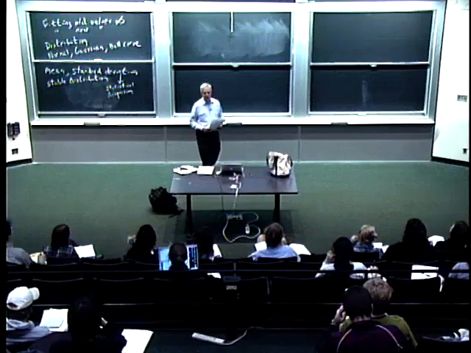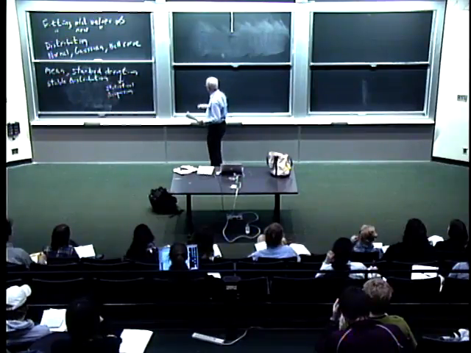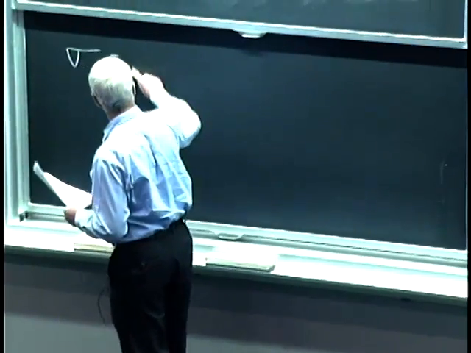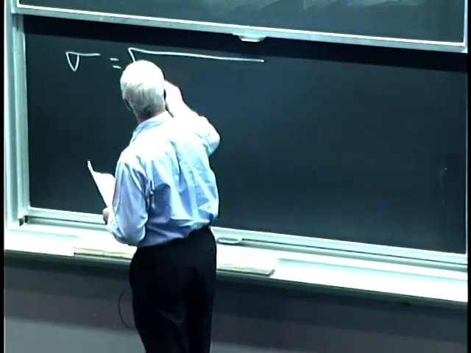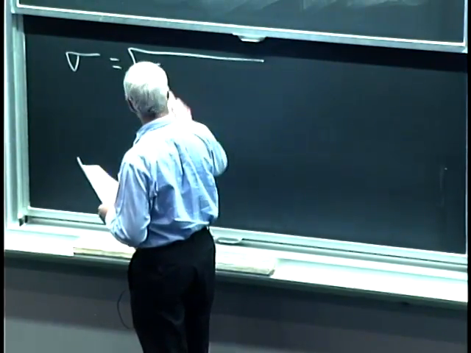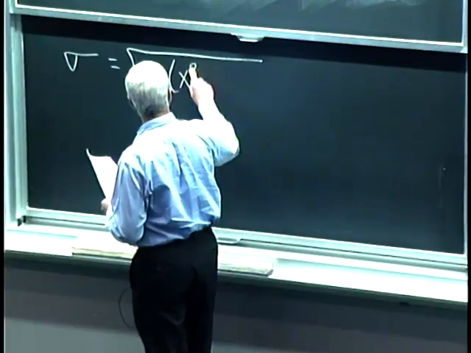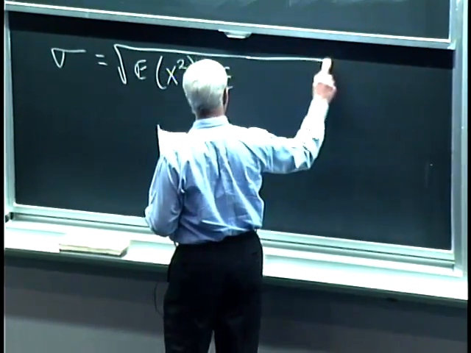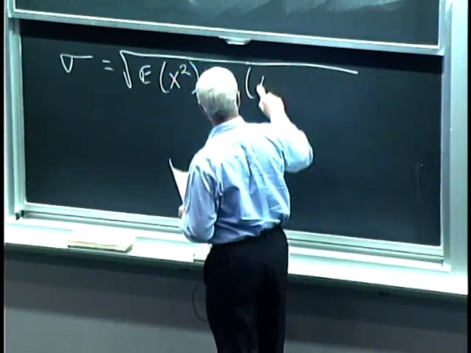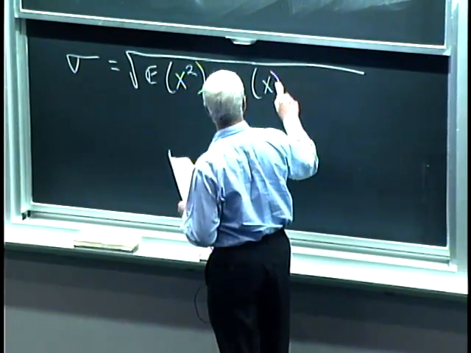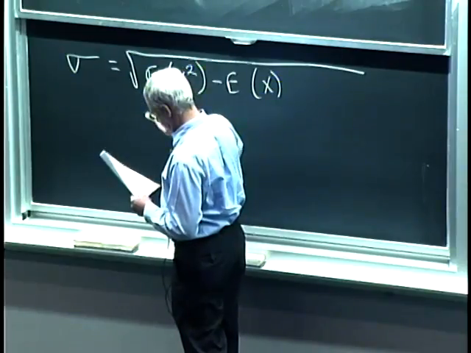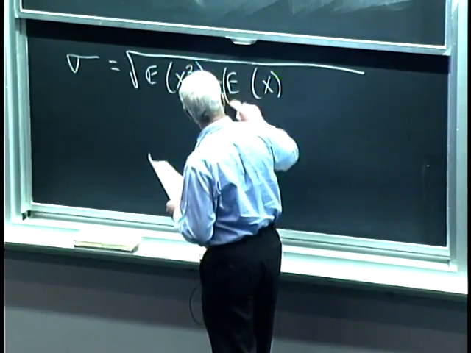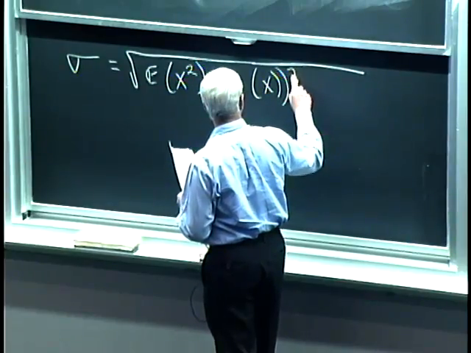So the standard deviation does have a formal value, usually written sigma. And it's the estimates of x squared, minus the estimates of x, and then I take all of this, the estimates of x, squared.